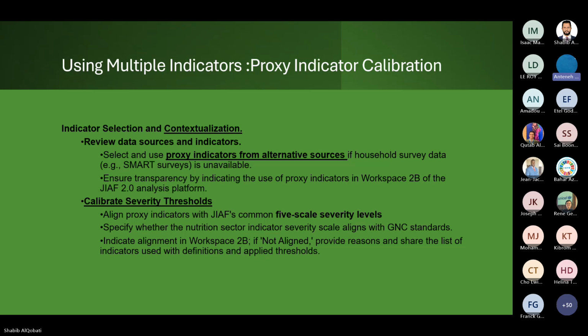So for example, if you select, let's say, the IDP numbers as one of your proxy indicators, the IDP number, for example, it could be 500, 1,000, 3,000, 10,000, 50,000, and so on. So depending on your country, you may have to make some subjective expert assessment of which number of IDPs corresponds to the different levels of severity.